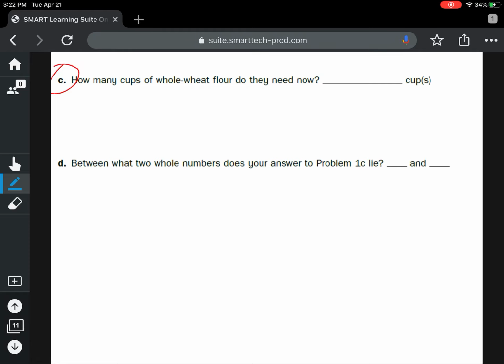All right, let's talk about it to see if you got this answer right. For 1 batch of the muffins, they need 1/2 cup of whole wheat flour. But since they're tripling it, we have to take that number times 3. Before we can multiply, put the whole number over 1. Multiply the numerators. Multiply the denominators. And then we get an improper fraction.